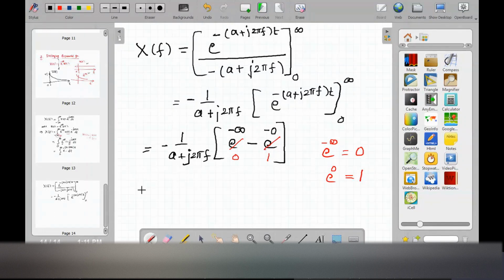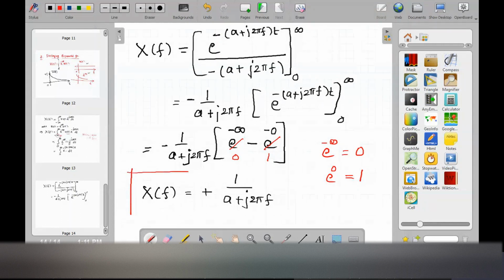So this will be solved as X of f equals plus 1 divided by a plus j 2 pi f. This is the Fourier transform of the decaying exponential function.